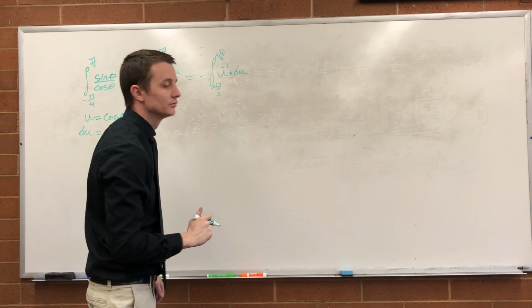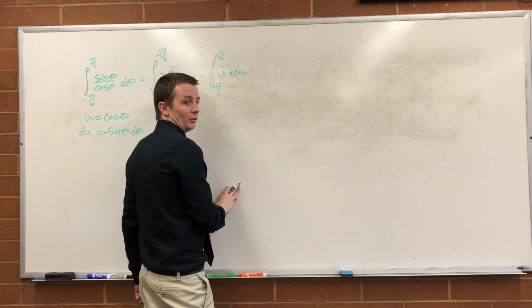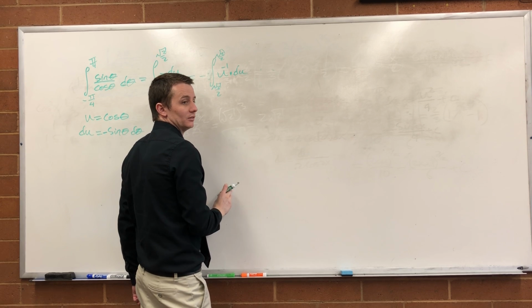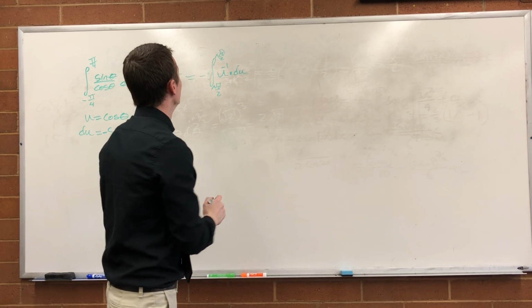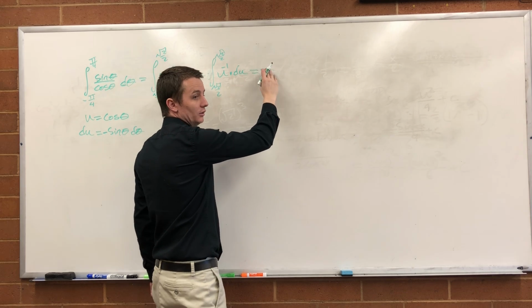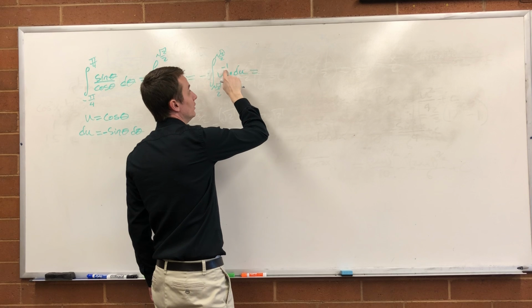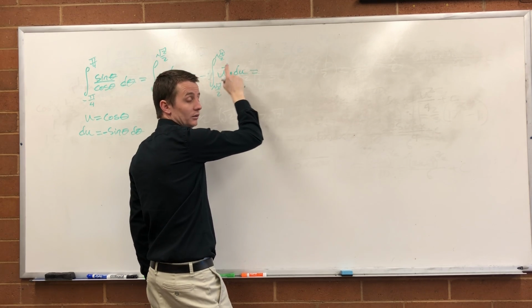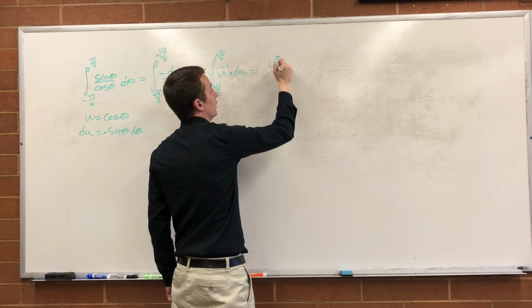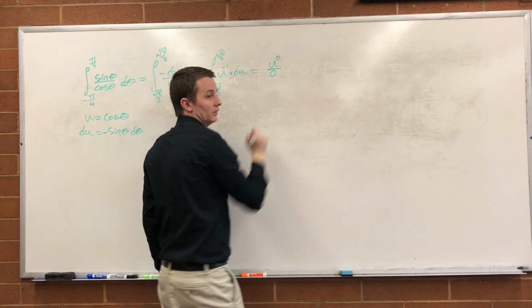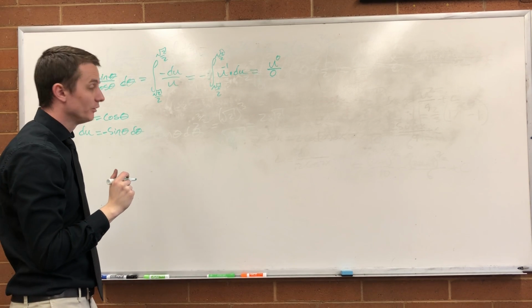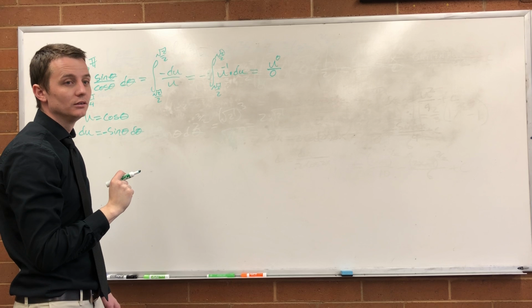Is it 1 or 0? I think it's 1. u to the 0 is 1. You're saying it's u to the 0 over 0? Because when you divide by 0, you get 0, right? Oh, it's undefined.